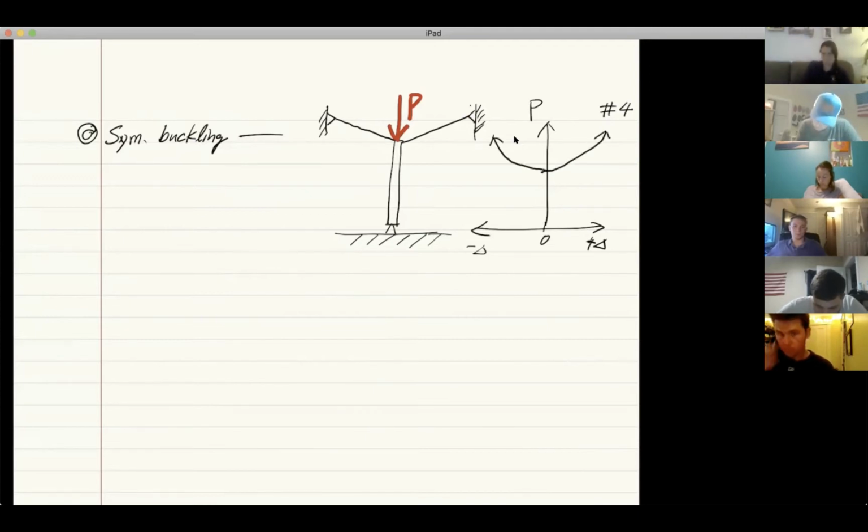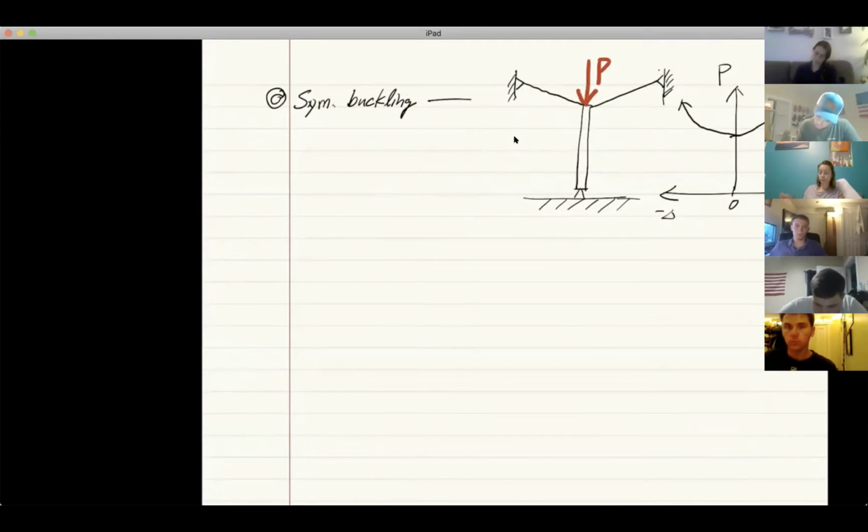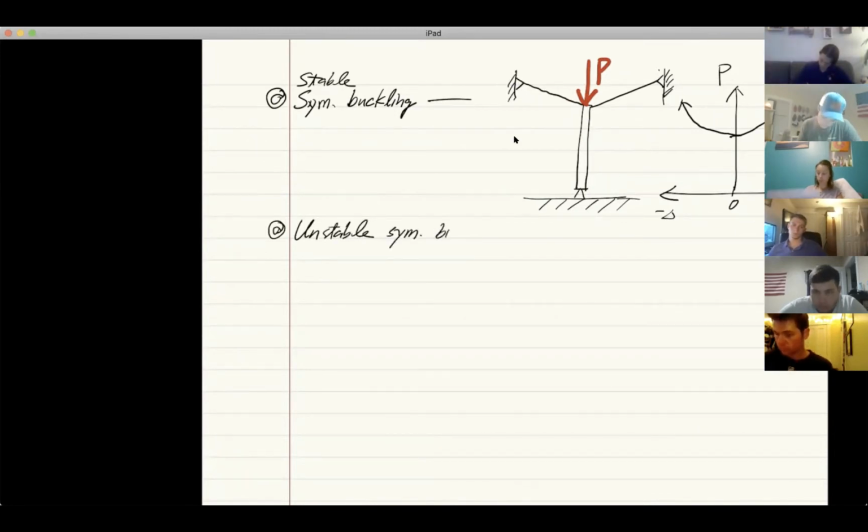That's what we call symmetric buckling. And there's another, what we call stable symmetric buckling, and we should call it stable. The next one is unstable symmetric buckling.